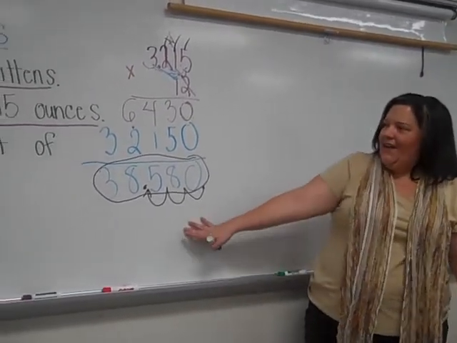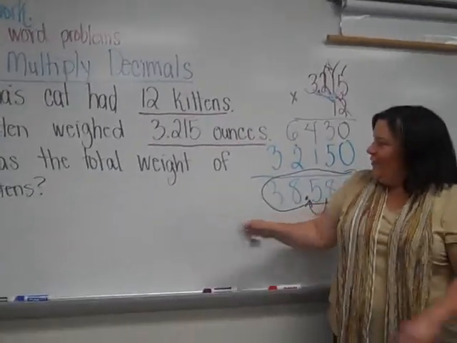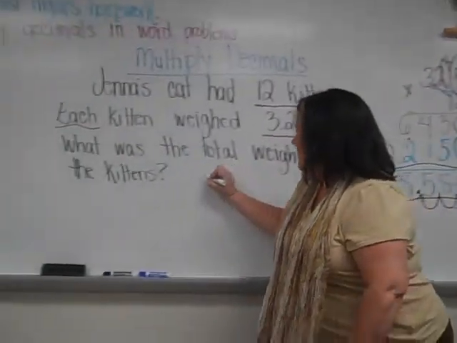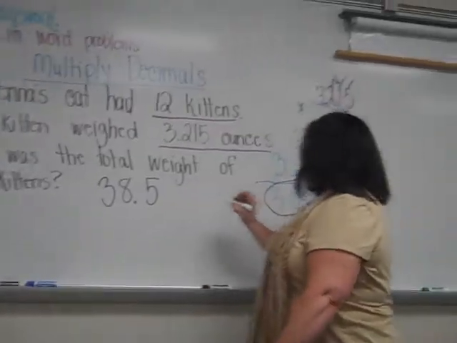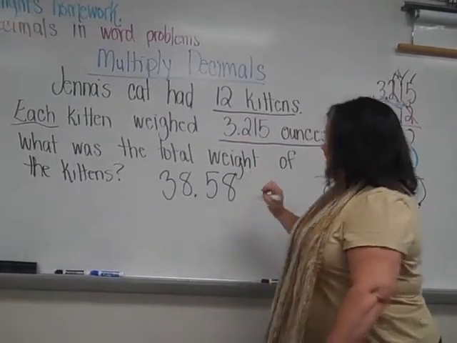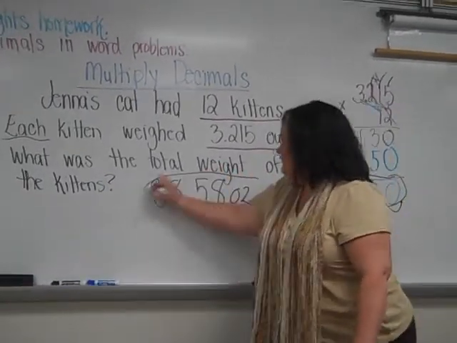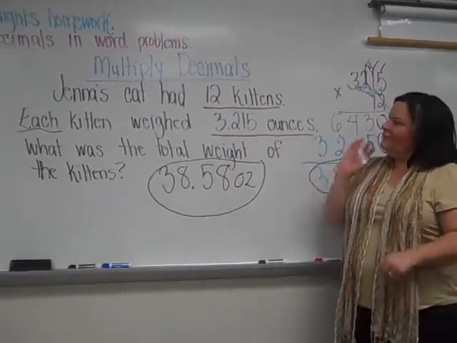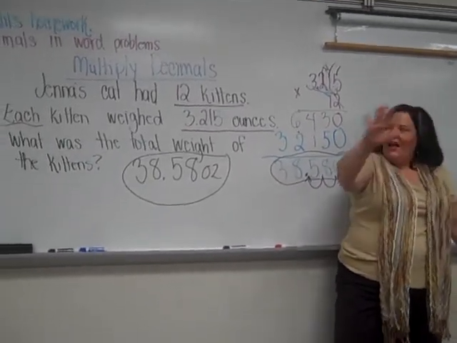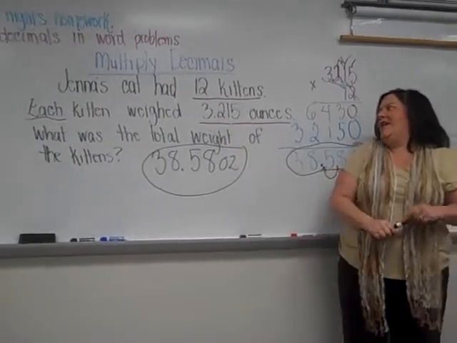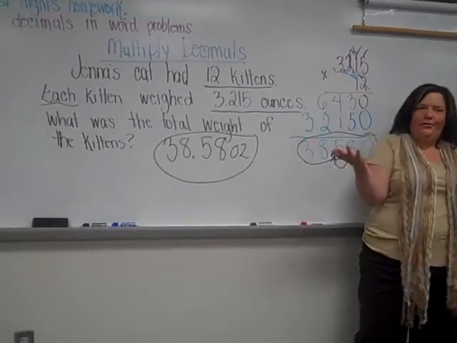So as we go back to our word problem, we know that the final answer of the total weight of the kittens is 38 and 58 hundredths ounces. Let's make sure that makes sense to us. If we were to estimate or round 3 and 215 thousandths, that might round to 3.